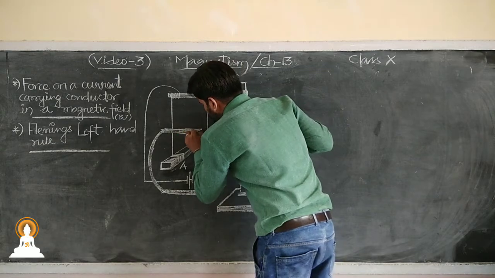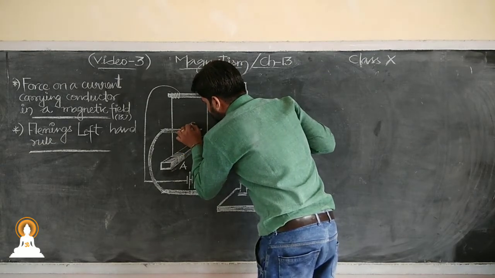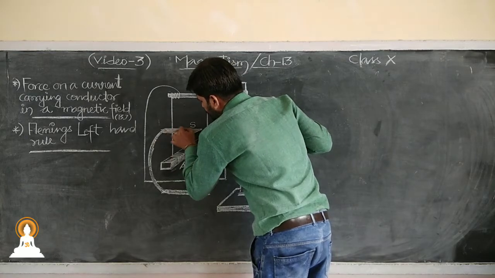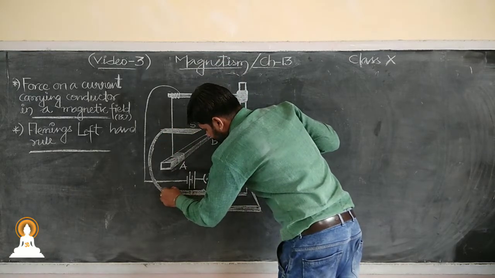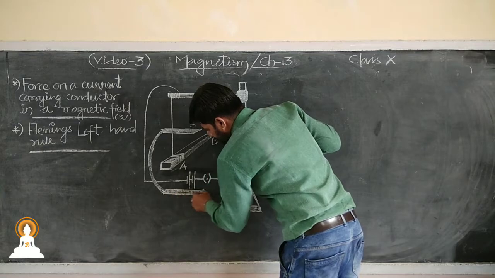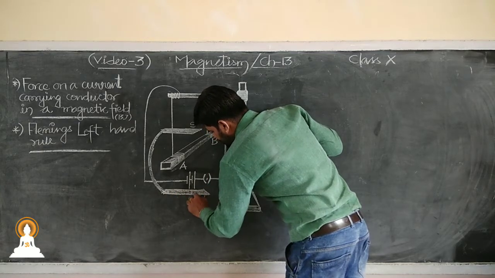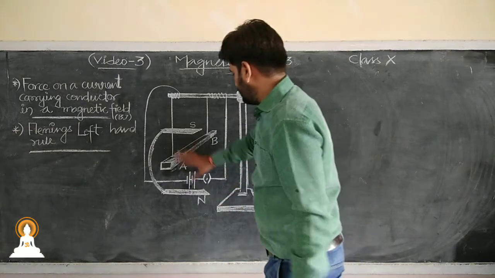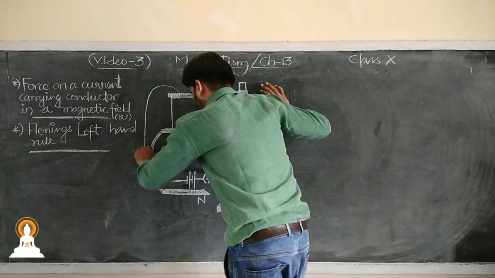Say this is the south pole, we arranged it like this, and here it is the north pole. The conductor is in between this magnet.